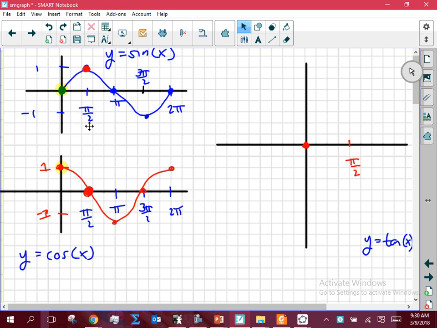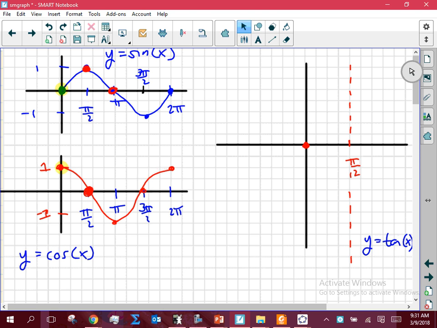What's 1 divided by 0? Undefined. So for the tangent, what's that produce over here? An asymptote. Okay, so that may help you if you forget where your first asymptote for the tangent function occurs. That's one of the procedures for getting it.